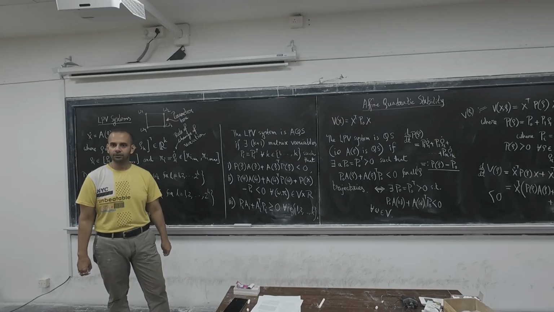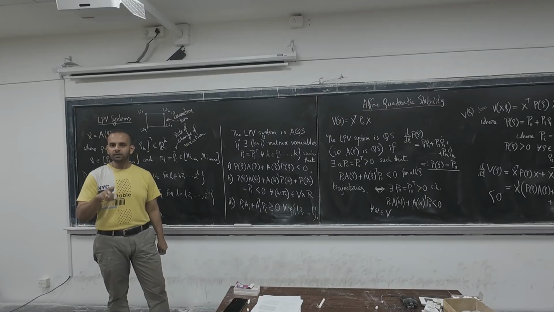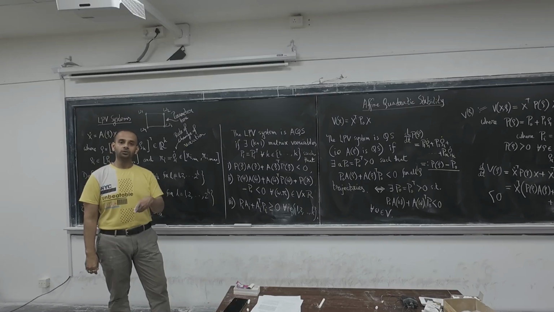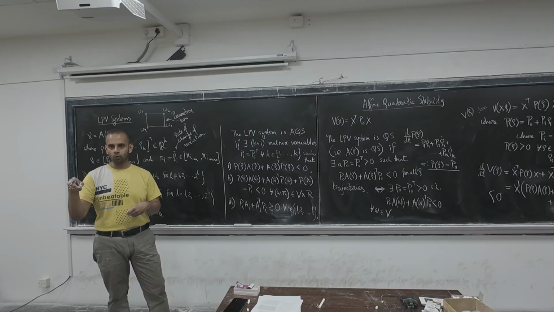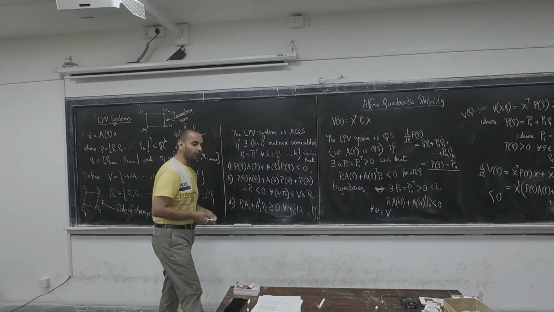Why multi-convex constraint? Because earlier you only had P0. Now you are going to have P0, P1 up to Pk. These P's are going to be associated with the parameters rho 1, rho 2 up to rho k. So multi-convex means now not only with respect to P0 but with respect to all the P's, because now there are many components of P. And you know what the convex criterion is.